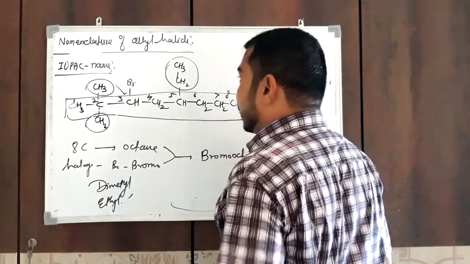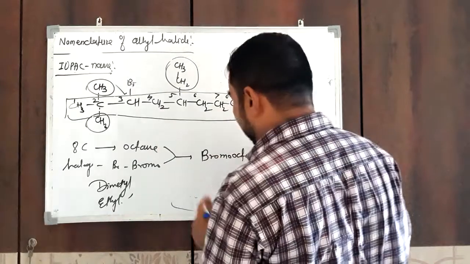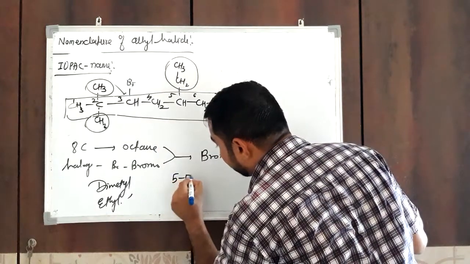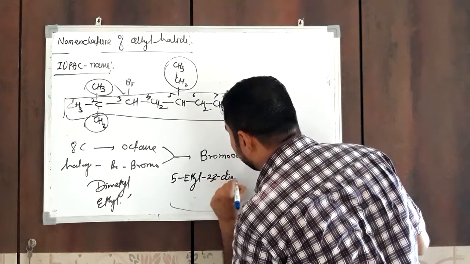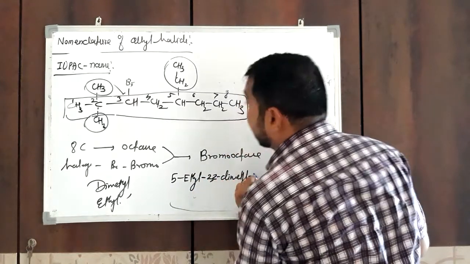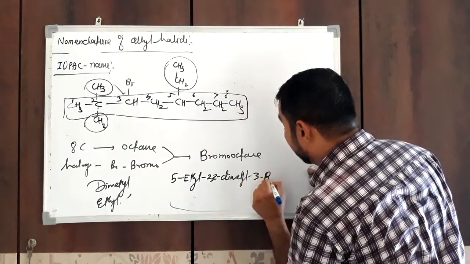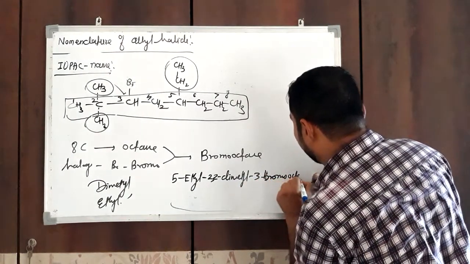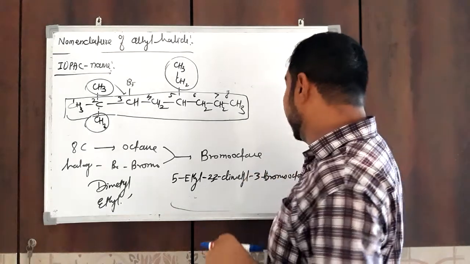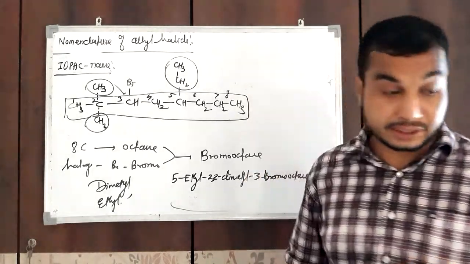E comes first alphabetically, so 5-ethyl-2,2-dimethyl-3-bromooctane. This is the IUPAC name of this compound.